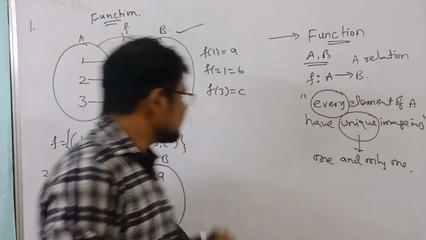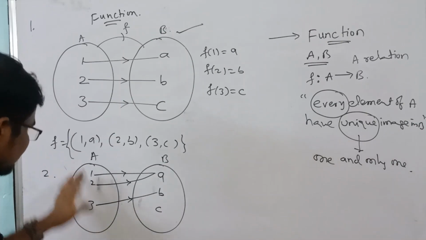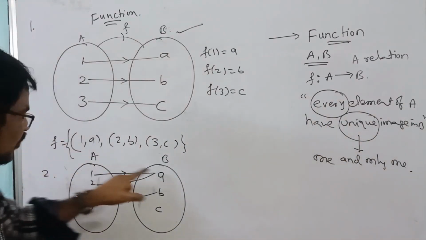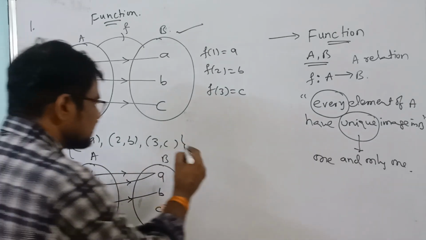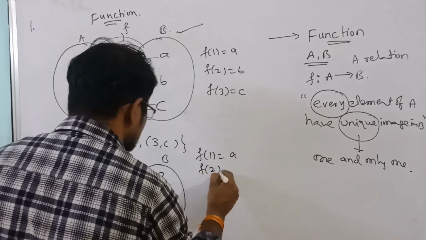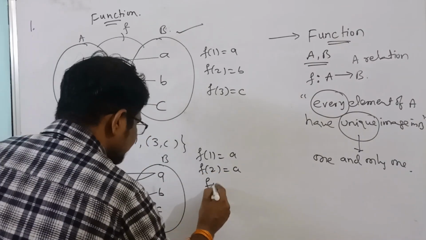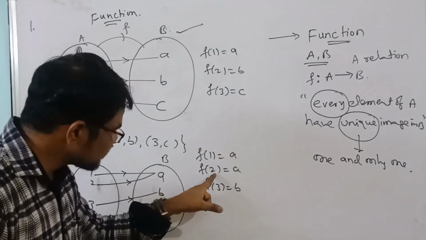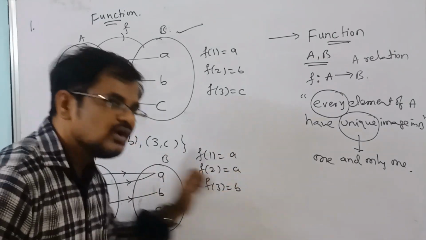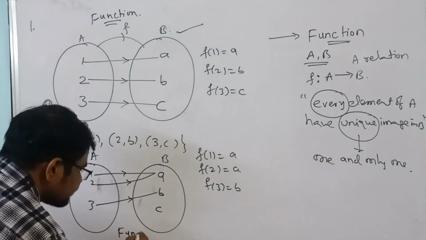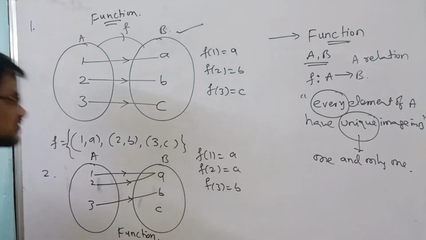Every element of A is associated with B, and uniquely. For 1, how many images are there? 1 only. Means f of 1 has one image, f of 2 is also A, and f of 3 equal to B. For each one there is 1 image only. So that's why it is also a function.